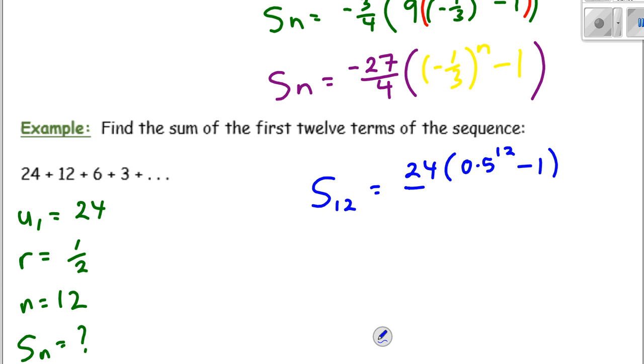So 0.5 minus 1. It's fine if you put a half instead, but then you would have to put a fraction inside a fraction. A half to the power of 7. So a clue is our answer is going to be a number less than 100. And we'll have to round it to 3 sig figs, unless it's a finite decimal.